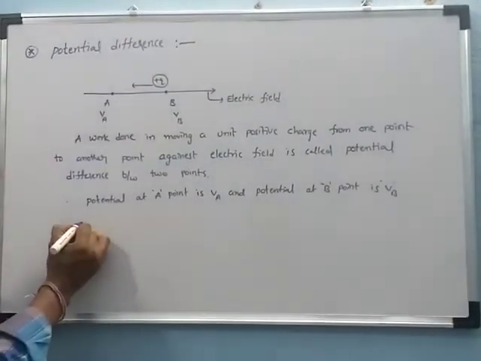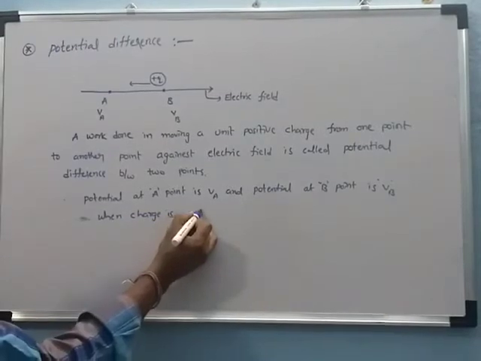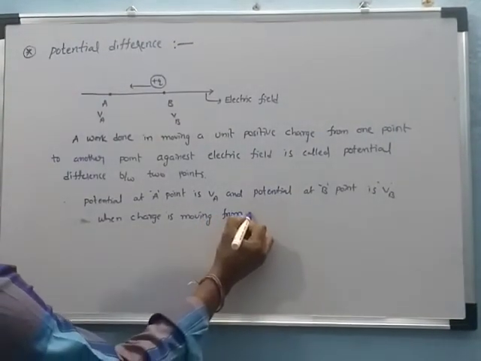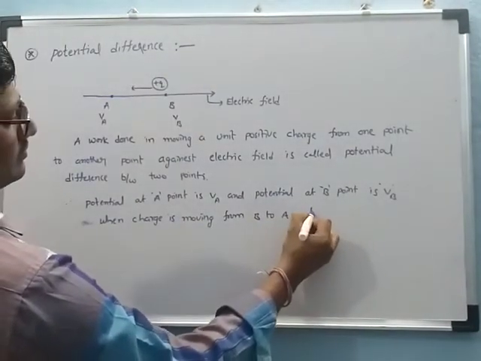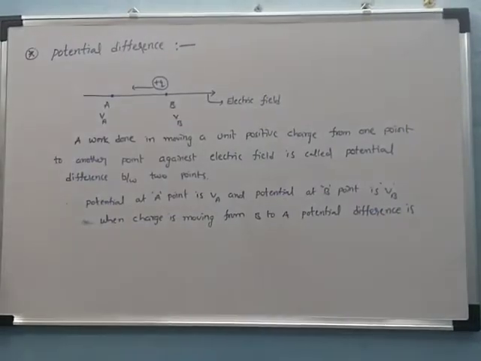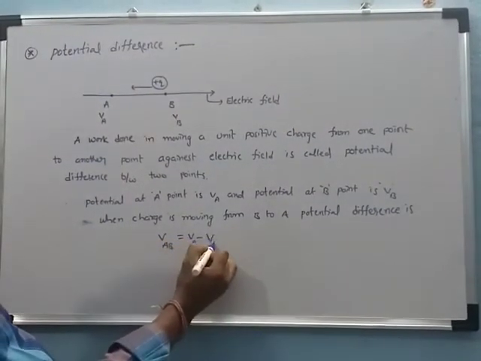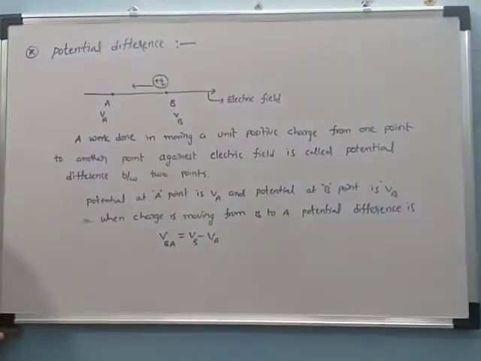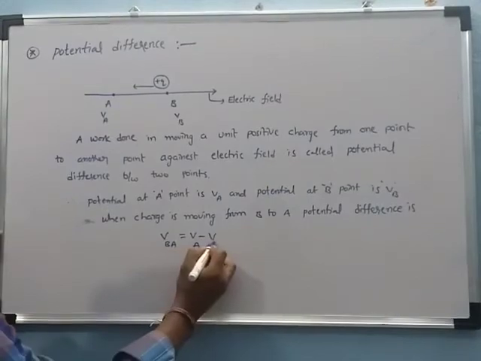When the charge is moving from B to A, the potential difference VBA is VA minus VB.